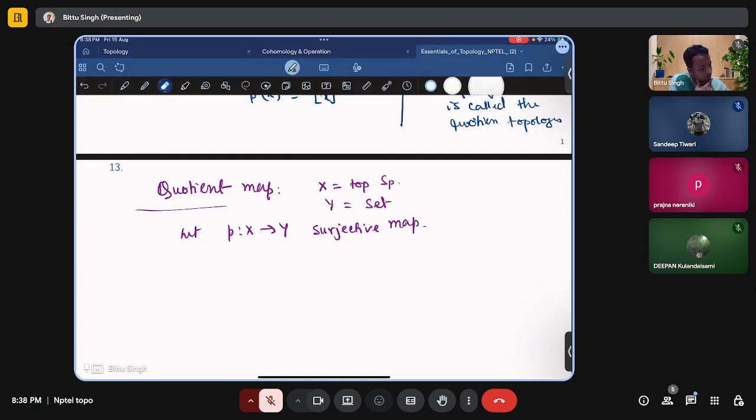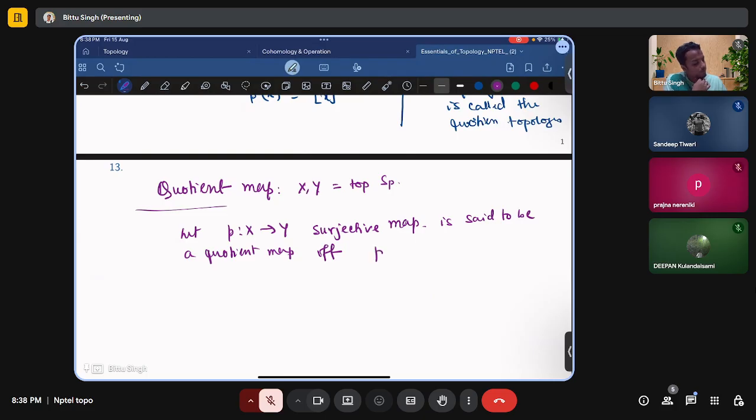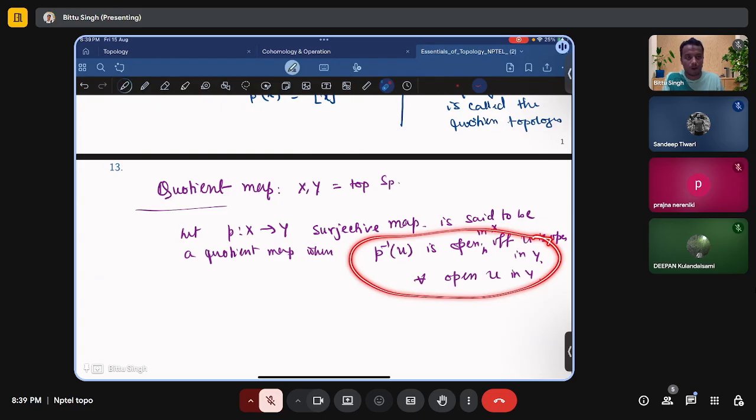Sorry, in this case both are topological spaces. This surjective map is said to be a quotient map if and only if P inverse of U is open in X if and only if U is open in Y. This is true for all open sets U in Y. If this property holds for all open sets U, then we'll call this map a quotient map.